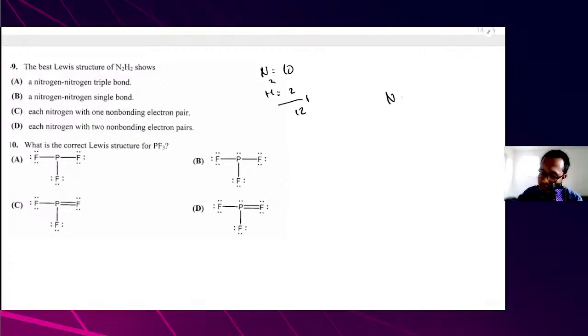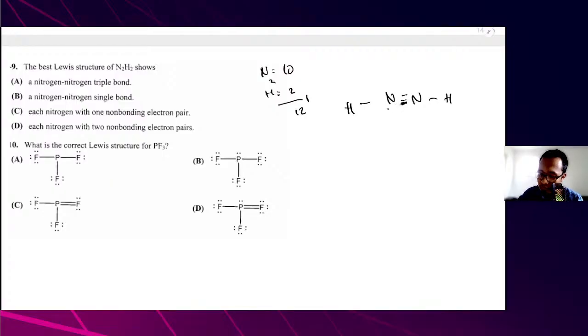Each N has, probably this one is H, this one also H, right? So N itself contains 5, right?